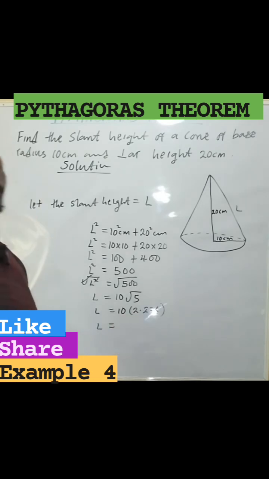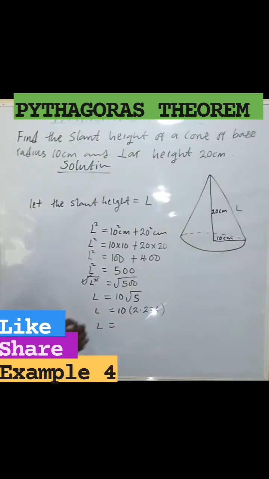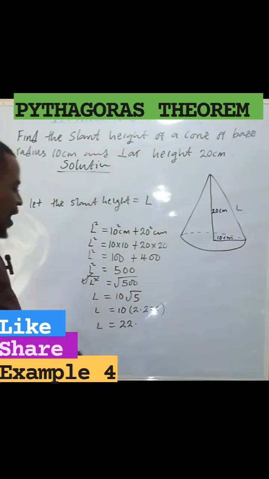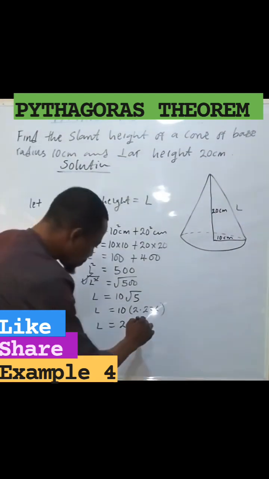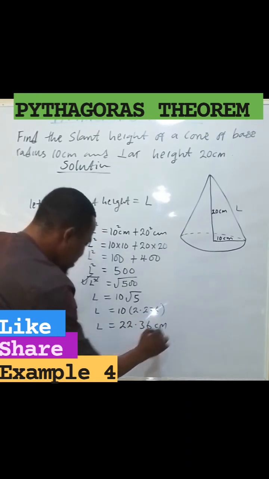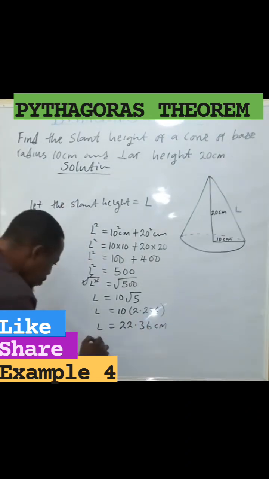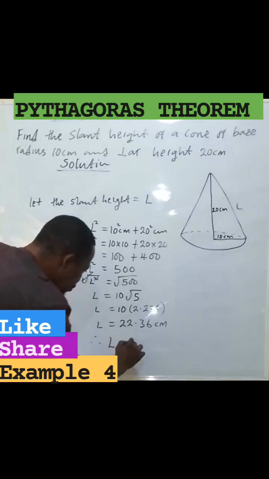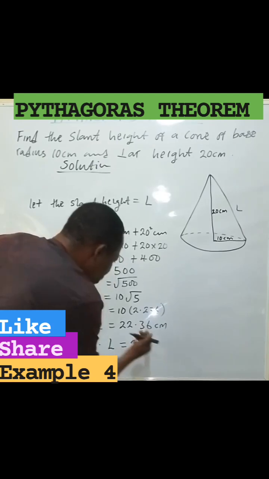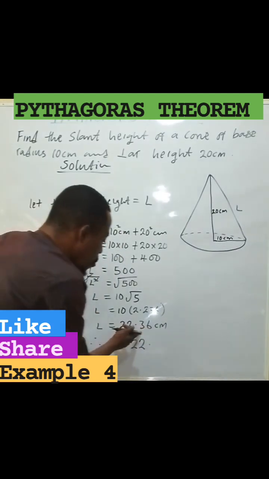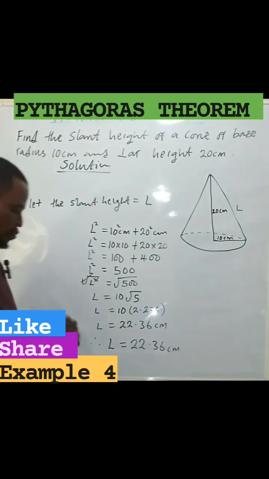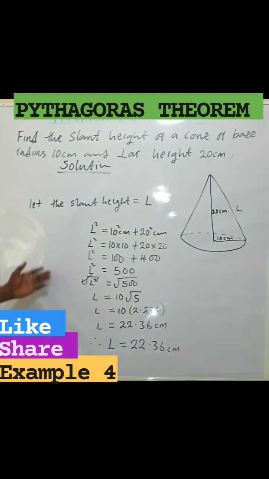So 10 times 2.236 is going to give us 22 point, so that we approximate everything now, 36 centimeter. So therefore, our L equals to 22 point, if you like, you can make it 0.4. So 22.36 centimeter.